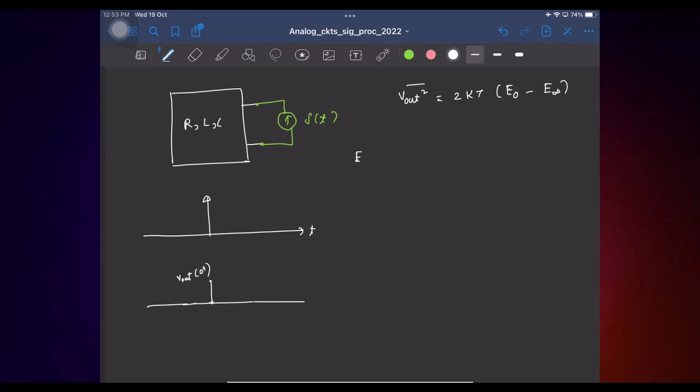So E0 is half times the capacitance, I'll call it some C hat, times V out of 0 plus square. So we are taking the equivalent capacitance, the capacitance into which this impulse current is flowing. If you apply an impulse current, this current will flow into some capacitance. It need not be the effective capacitance, right?